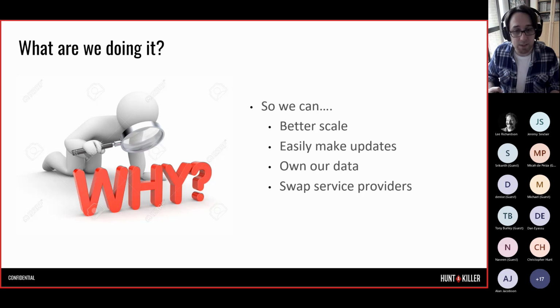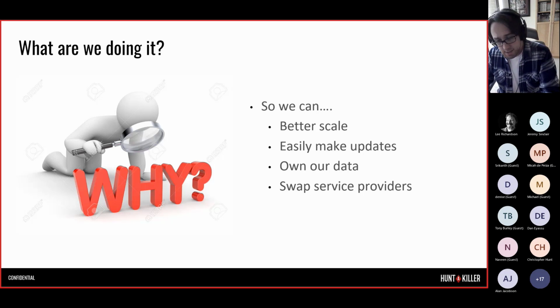I touched on this also a little bit in my previous statement about owning our own data, but the other reason why we're doing this is so that we can more easily swap providers. There are some instances where we have third-party providers who right now can really support us at the current scale that we're at and our current needs.